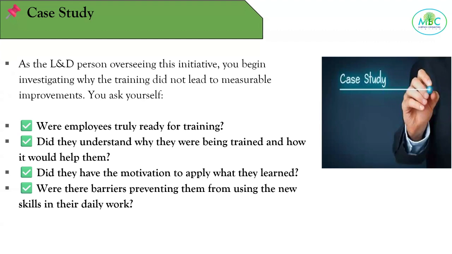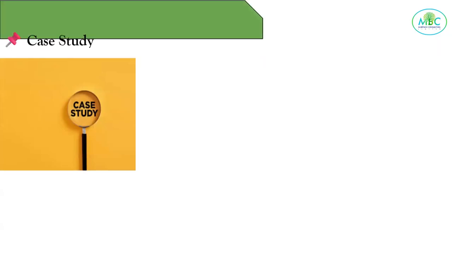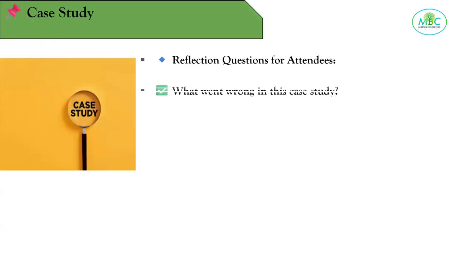Thank you so much. And so, were there barriers preventing them from using the new skills in their work? That's another thing we look at. Were there barriers preventing them from using the new skills in their daily work? Those are the questions as the L&D or HR you should be responding to. Now, what went wrong in this case study?